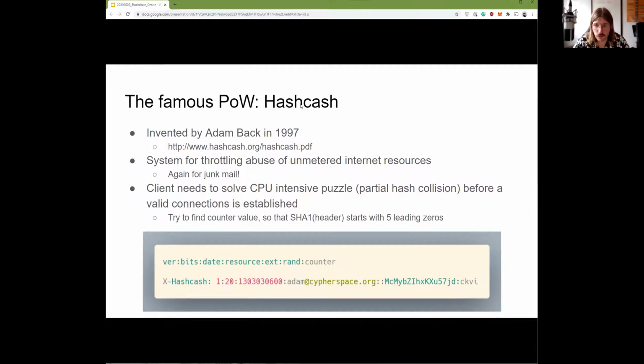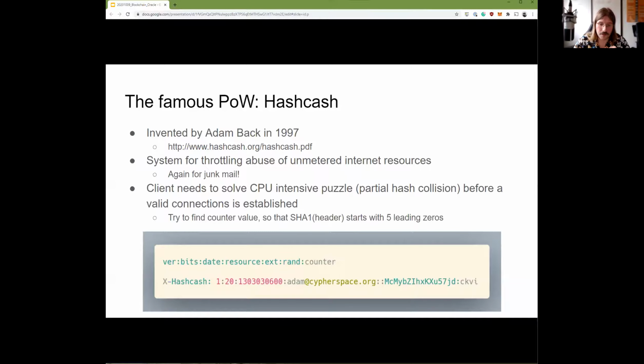Clients need to find a partial hash collision, and then they add this partial hash collision to the header of the email, and the other email servers, the relay or whatever, will only accept the emails if a valid hash collision has been found.